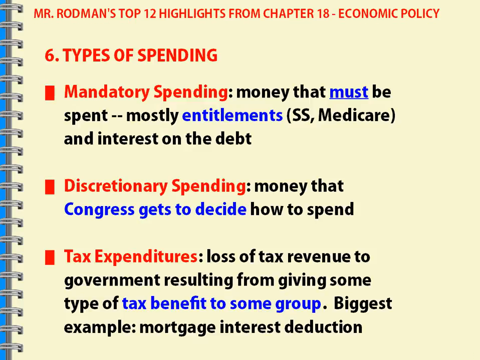Now let's talk about spending for a moment. We kind of touched on this in class in terms of the different types of spending. Mandatory spending is entitlement spending. It's non-discretionary. It's stuff that you have to spend money on, like Social Security and Medicare. Discretionary spending is where Congress and the president basically get to decide how to spend it. Now the president proposes the budget, but Congress essentially gets to pass the budget, and then the president gets to sign it.